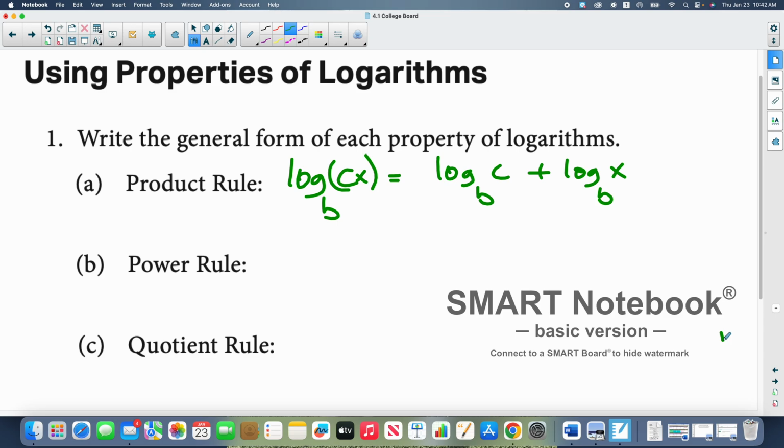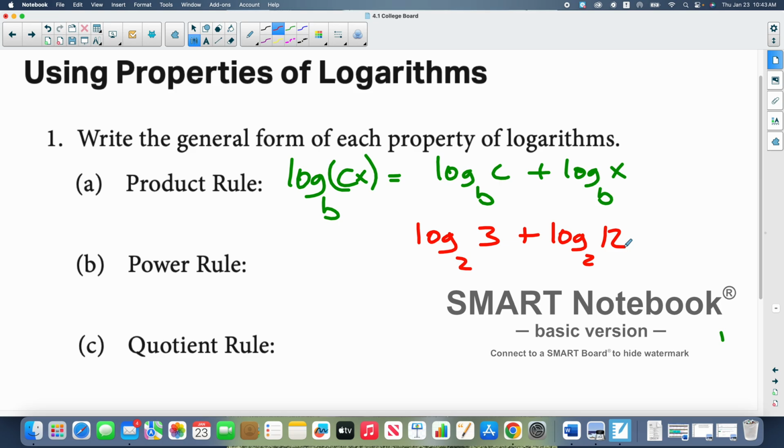So, if I were to do this right here, if I were to do log base 2 of 3 plus log base 2 of 12. So log base 2 of 3 plus log base 2 of 12.